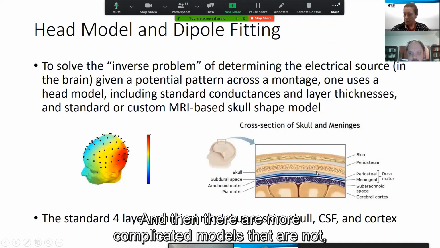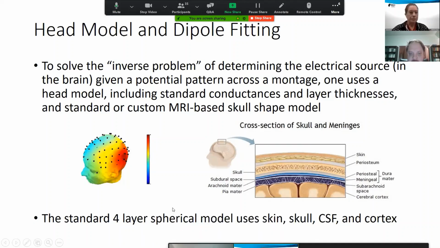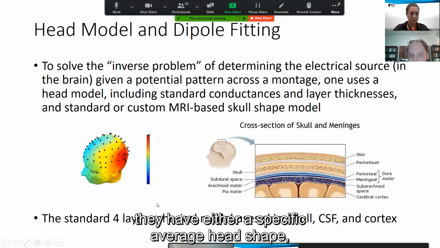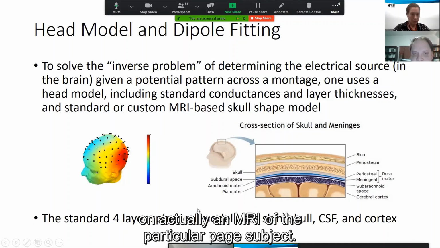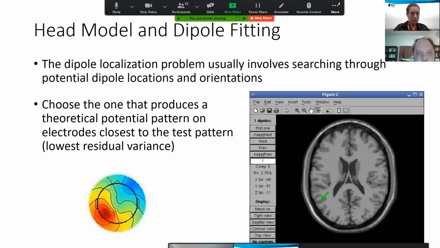And then there are more complicated models that have either a specific average head shape or a head shape based on an MRI of the particular subject.